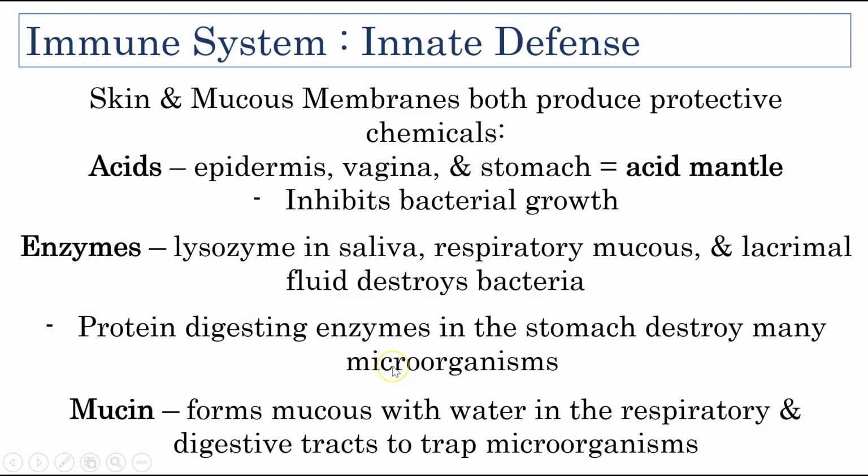The protein digesting enzyme in the stomach is somewhat special because by the time pathogens of any sort have reached the stomach, if they haven't already been destroyed and the acid of the stomach doesn't destroy them, they clearly have a very thorough coat or protective covering. But that coat will be made of protein of some sort.